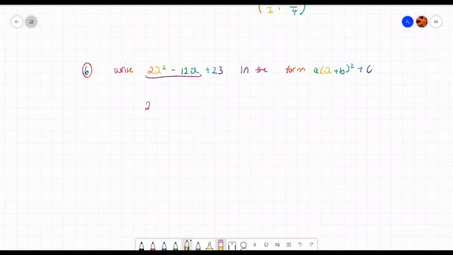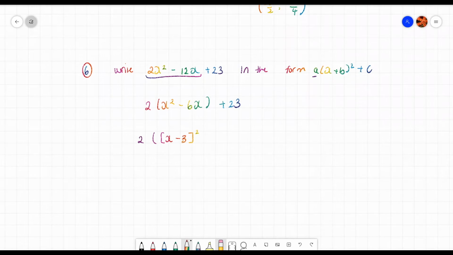So I'm going to do 2 lots of x squared minus 6x, make sure that's okay, plus 23. And it tells you there you're going to have a number outside. So I'm going to do 2 lots of, and now I can complete the square. If I complete the square, I'm going to have x minus 3 squared, aren't I?